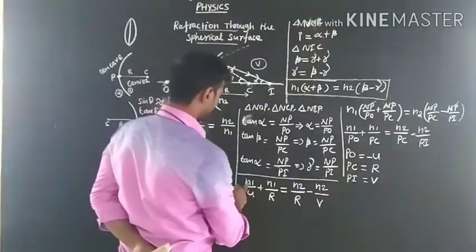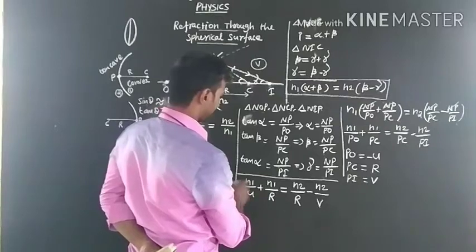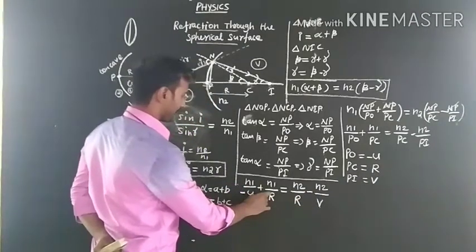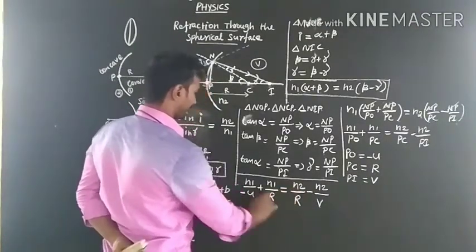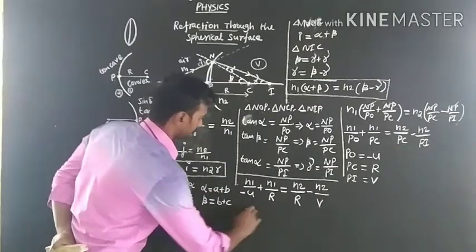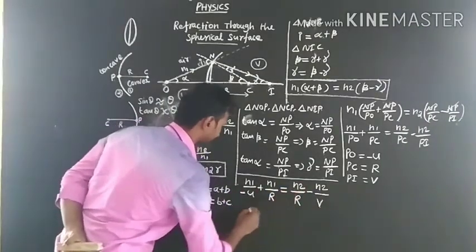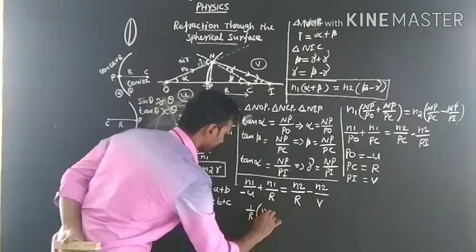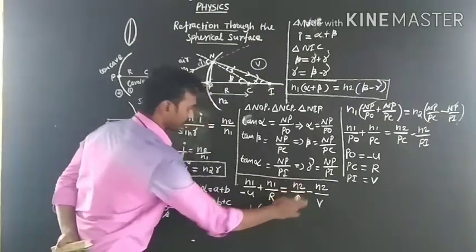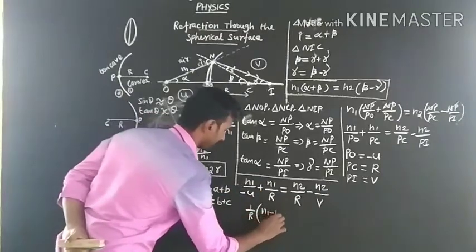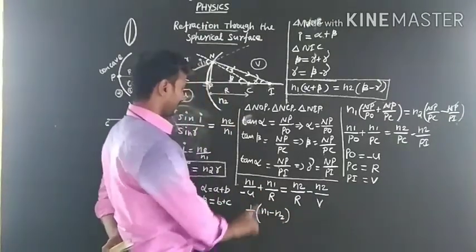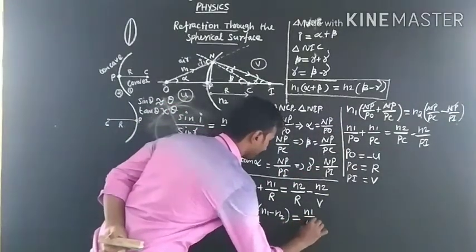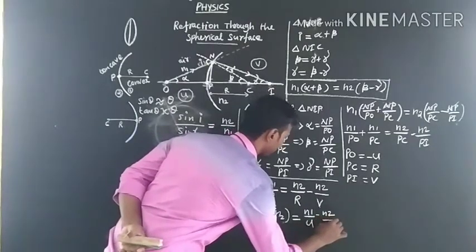Now n2 comes to this side, it becomes negative, and I am going to take the common term R out as a bracket. So 1 by R times n1 on the left side. This term goes to the left side and becomes negative, so minus n2, and this negative term goes to the opposite side and becomes a plus, equal to n1 by u minus n2 by v.